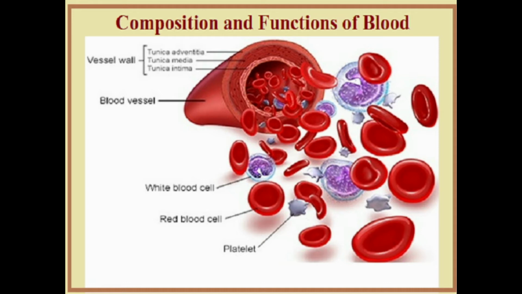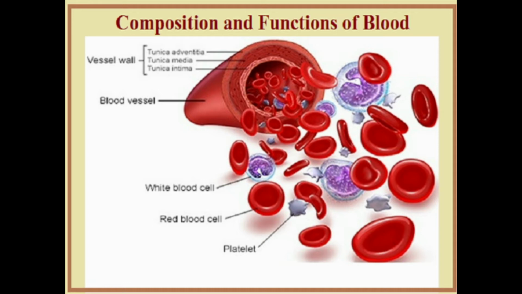Third point is that it also transports waste for removal from the body. So three main functions of the blood: first, it carries the nutrients absorbed from the small intestine to different parts of the body; second, it carries oxygen; and third, it helps in the removal of waste materials.